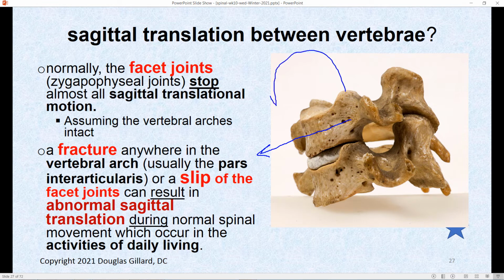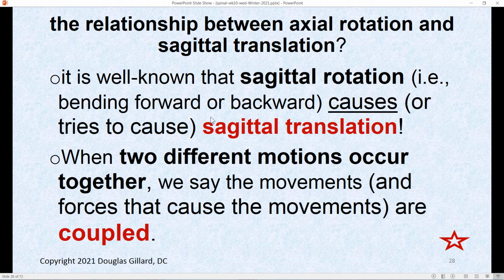So when you rotate the vertebrae, it automatically tries to push the vertebrae forward. It can't because of these facet joints, but it tries. So cervical forward flexion, or if you're a biomechanist, anterior sagittal rotation, is always coupled with anterior sagittal translation.